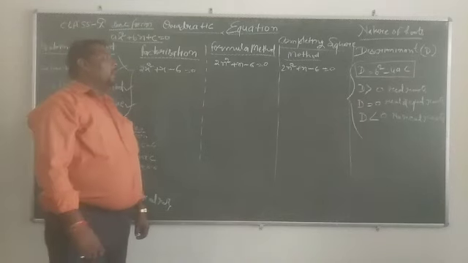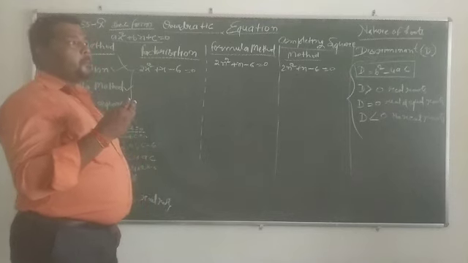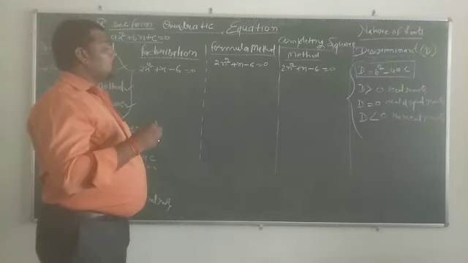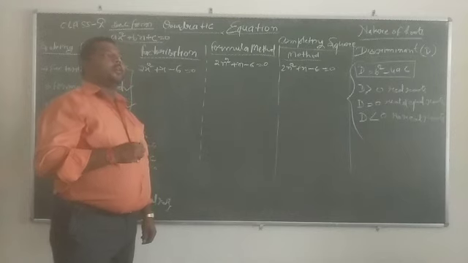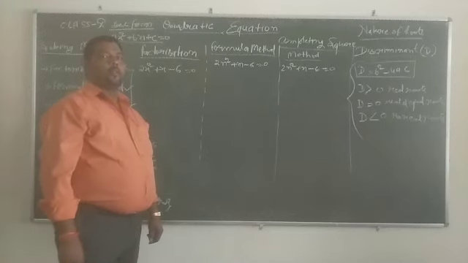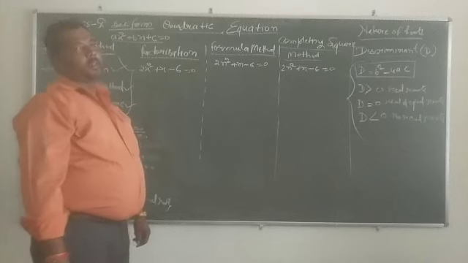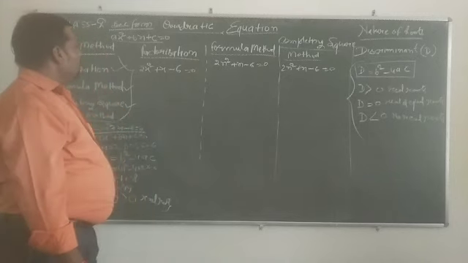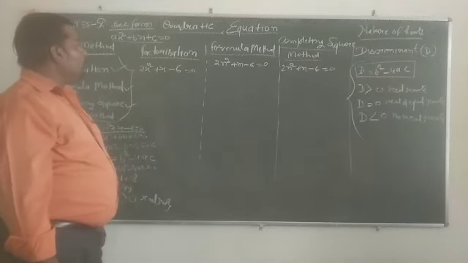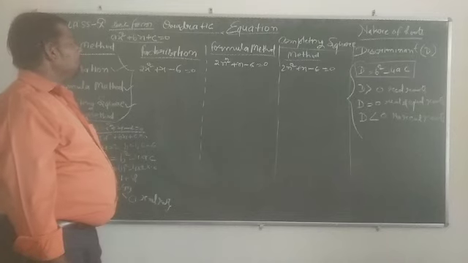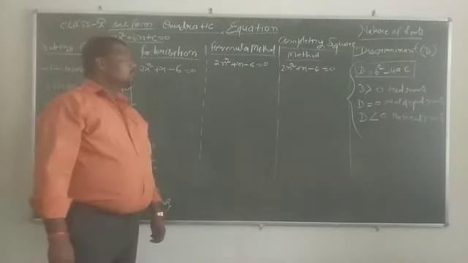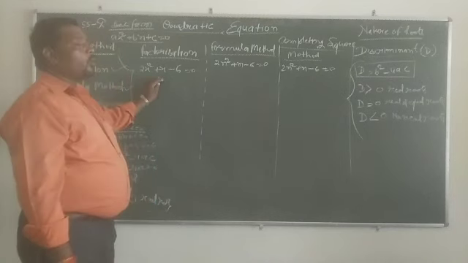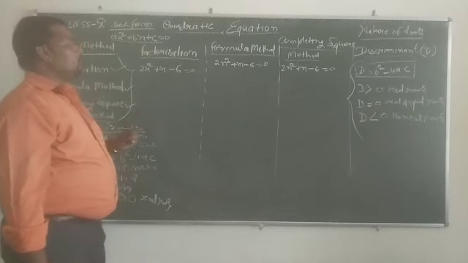Dear students, there are only three methods to apply to find the quadratic equation solution, that means the roots of the quadratic equation. Factorization you know very well, because you studied it in earlier classes also. Factorization is also called the mid-term splitting method.